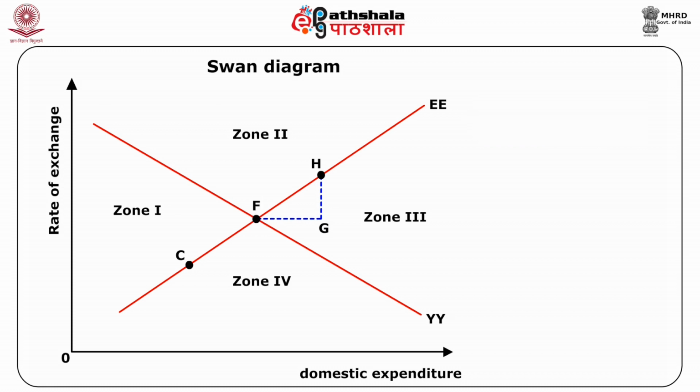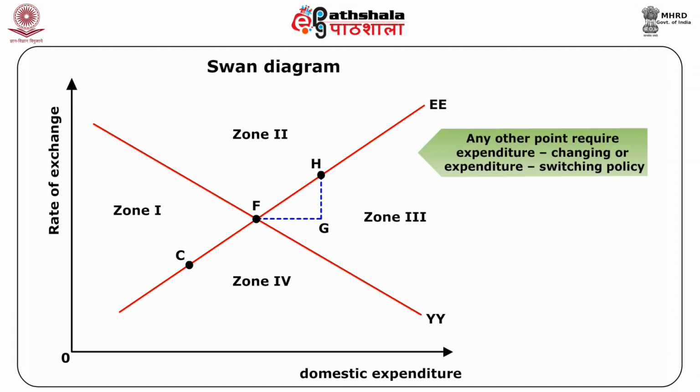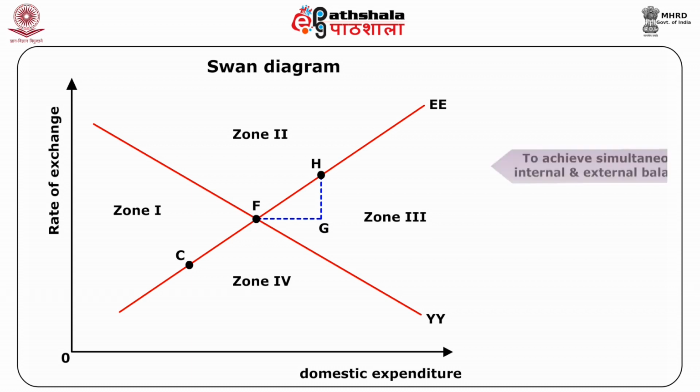At point F, there is both internal and external balance. Any other point will require an expenditure changing or expenditure switching policy to achieve simultaneous internal and external balance. Consider point C, which is on the EE line but below the YY line. So there is external balance but unemployment. In order to achieve point F, both types of policies are required.